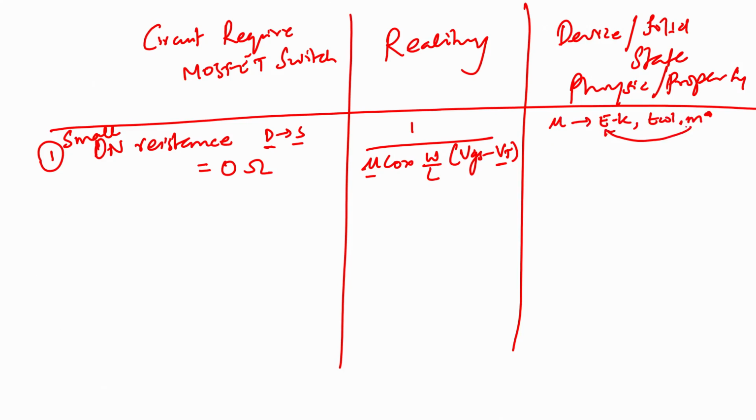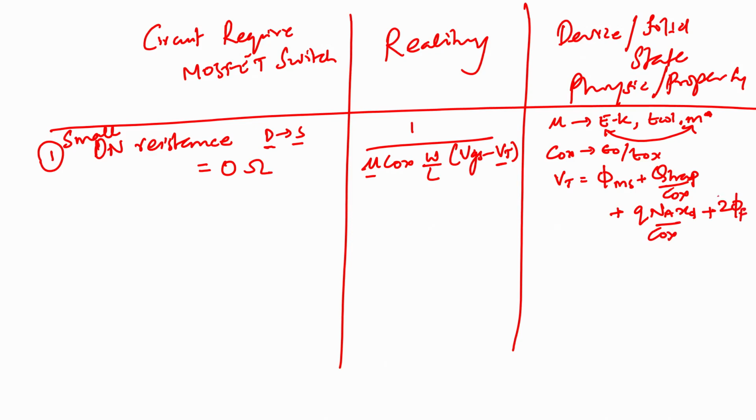So that is the connection to the E-k diagram, and Cox is basically epsilon ox by Tox, and Vt is basically your flat band voltage, which is phi ms plus the trapped charge in the insulator, plus the depletion charge q Na xd by Cox, plus 2 phi f, which depends on Na, and xd also depends on 2 phi f, on the surface potential, which is again connected to 2 phi f during turn on. So that was the connection there.